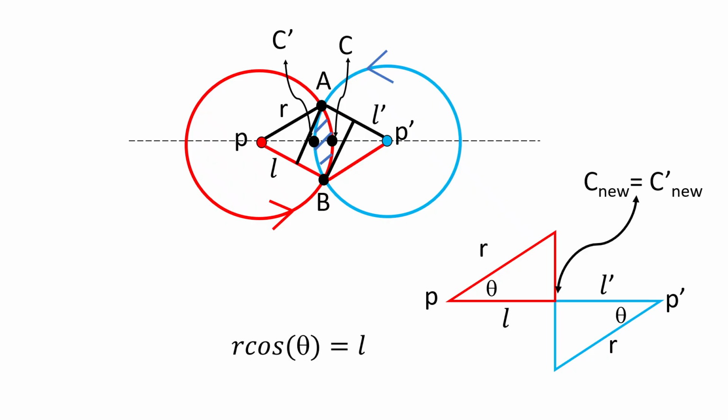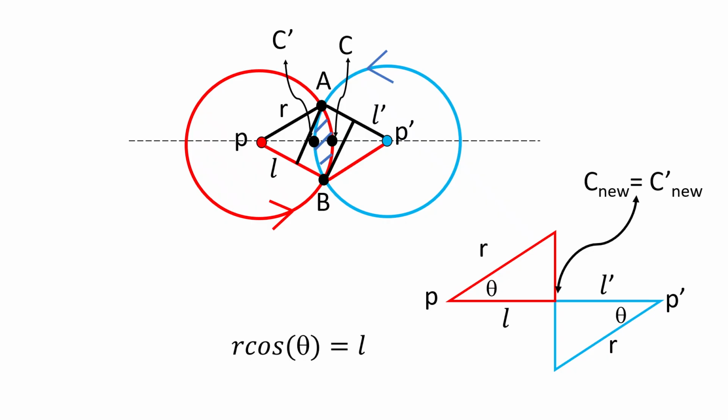However, notice that the length L lies along the radial path from P to B. Similarly, L prime lies along the radial path P prime to A. As a result, after both circles have rotated by an angle theta over 2, then L and L prime will lie along the direction of separation of the two circles, or rather the x-axis in our description before.